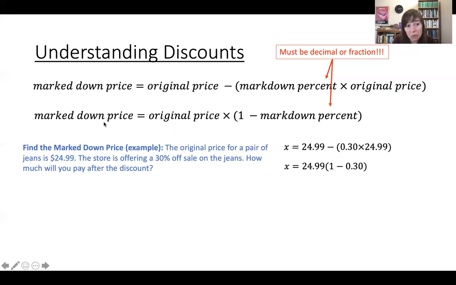Now, if we use the second equation, the markdown price we still don't know. The original price is $24.99, and then it's 1 minus the markdown percent, which is 0.3. In either case, when you put this into your calculator, you should get $17.49. That is the price you pay after the 30% discount.